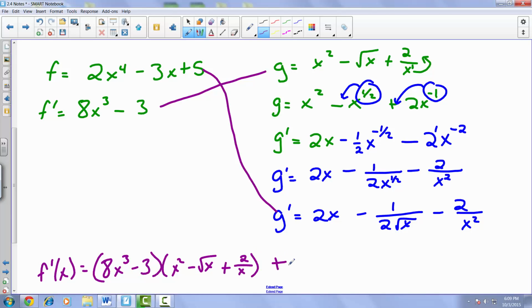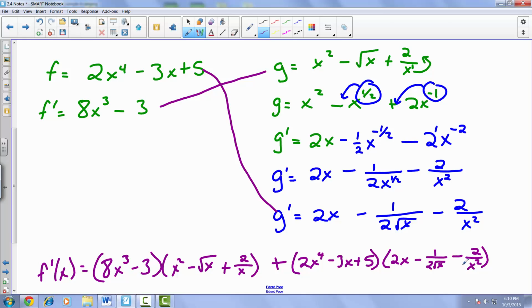And then we have our big plus sign in between. Our 2x to the fourth minus 3x plus 5 times our g prime, this piece. 2x minus 1 over 2 times the square root of x minus 2 over x squared.